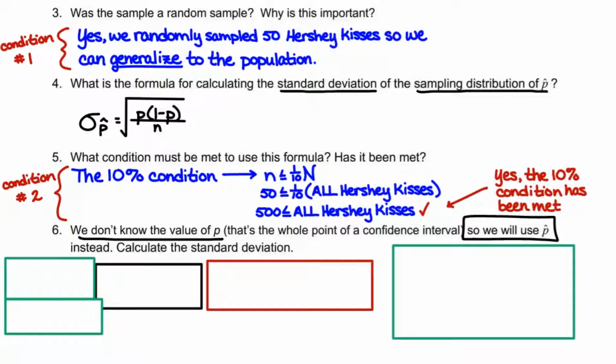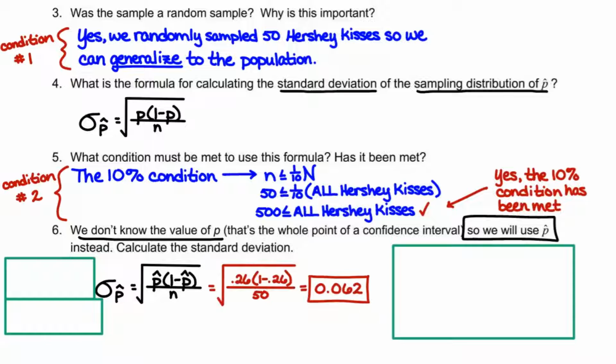Whatever your point estimate was, that's what you are going to use to calculate the standard deviation. So for mine, I had 0.26 times 1 minus 0.26 over 50 and then square root the whole thing. If you did not have this formula on your page, you need to calculate this for your point estimate.